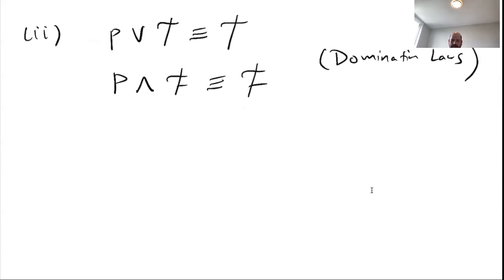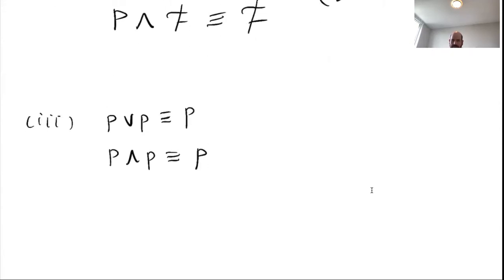And there are others, the list is rather long. I don't want to list all of them. You can take a look at them yourself. But for example, let me list a few more maybe. P disjunction P is P, P conjunction P is P.